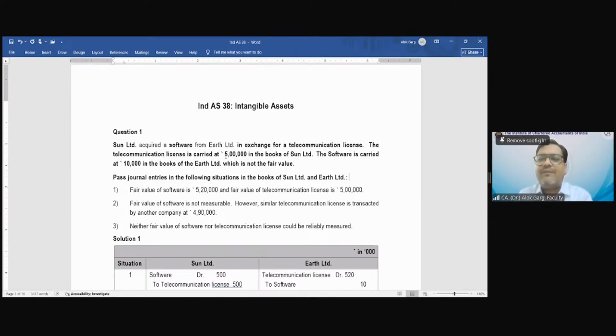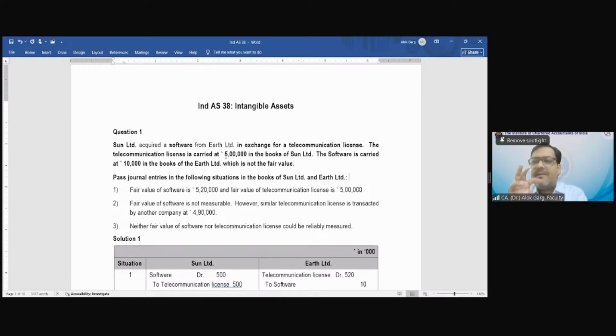But what happens if the fair value of the asset given up is not there? Then you look at the fair value of the asset acquired. What if both the fair values cannot be determined reliably, neither given up nor acquired? Then market value, because fair value and market value are one and the same thing. Then carrying value.